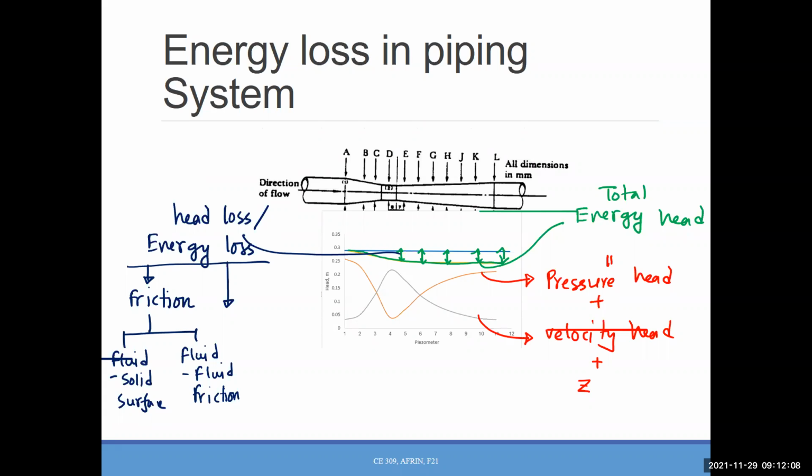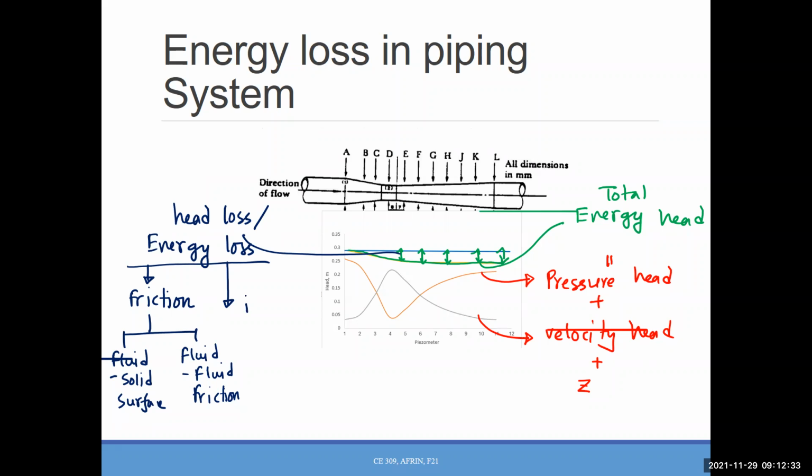Exactly the same reason: if the flow can continue smoothly without any break or any significant direction change, you will have less energy loss in the system. Because when there is a sharp bend, you have to stop or reduce the velocity, and then you need to take the turn, right? So it's the same thing.